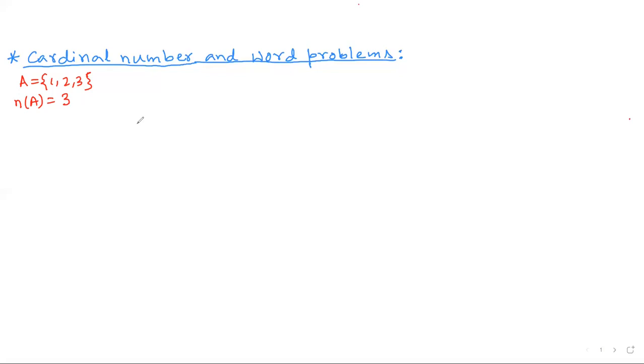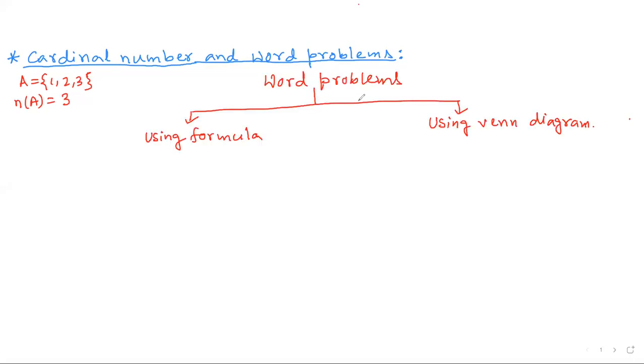One method is using a direct formula, and another method is using a Venn diagram. Any one method you can use to solve word problems by using set theory.